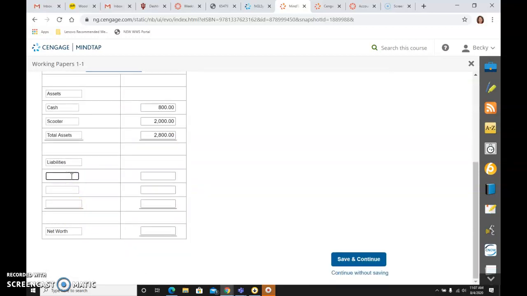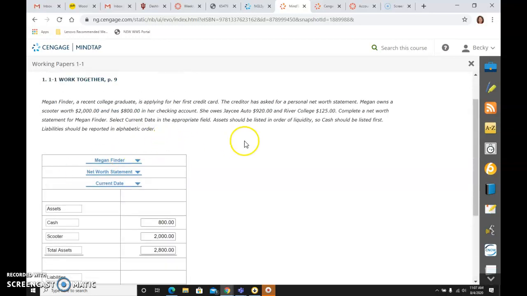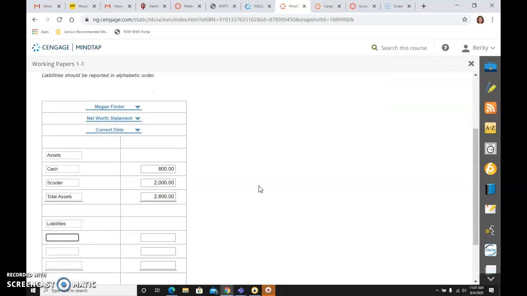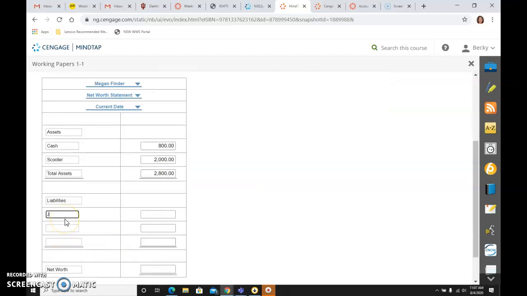Then our liabilities: we owed JC Auto and we owed River College. When they're business names, I would go by the first part. J is before R. If it was a person's name, we would use their last name. So JC Auto is first, $920.